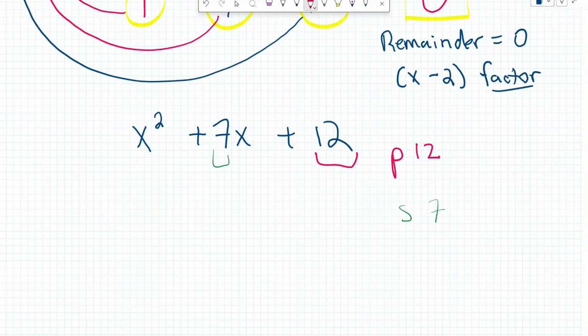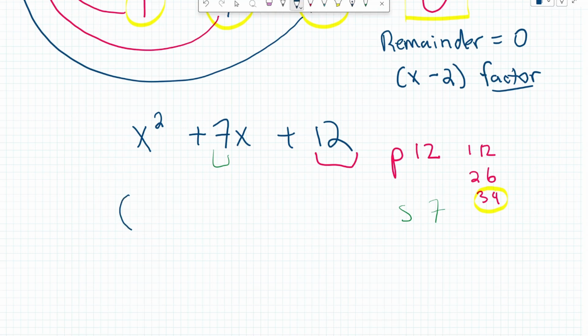Let's look at all the possible factors here. For 12, we have 1 and 12, 2 and 6, and 3 and 4. We also have all the negative combinations of those. However, I can right away see that 3 and 4 multiply to 12 and add to 7. So we don't have to go any further.